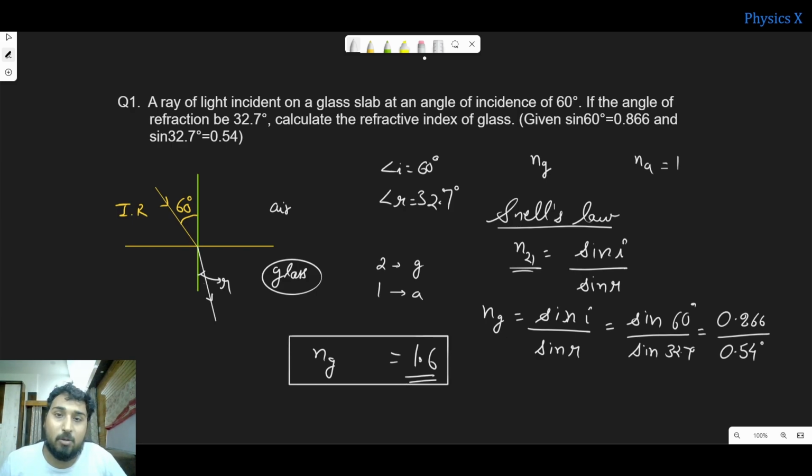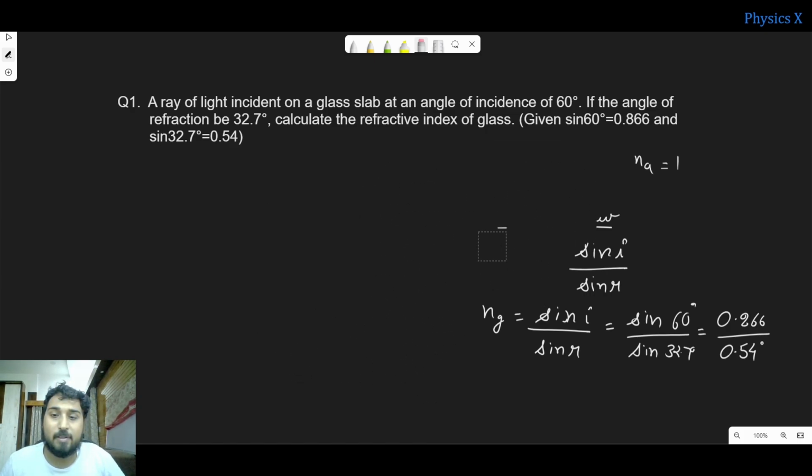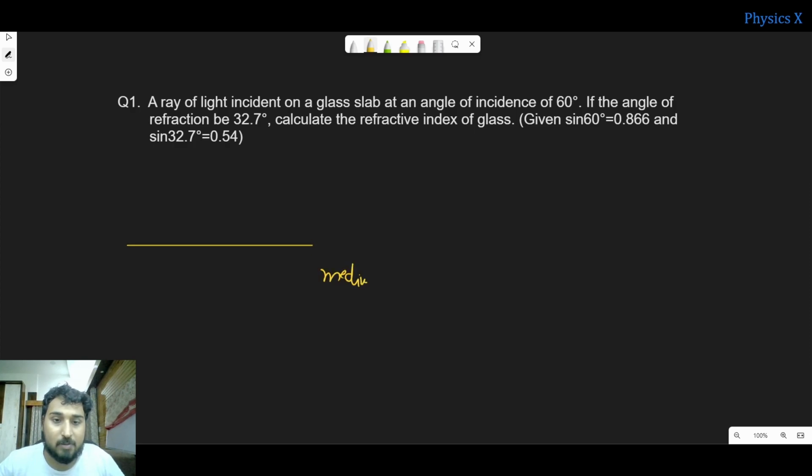Now, one thing I need to tell you before I move further: this question is clear, right? Now I want to tell you another relation from this question. I have already told you about absolute refractive indices. This is your medium 2 and this is your medium 1.